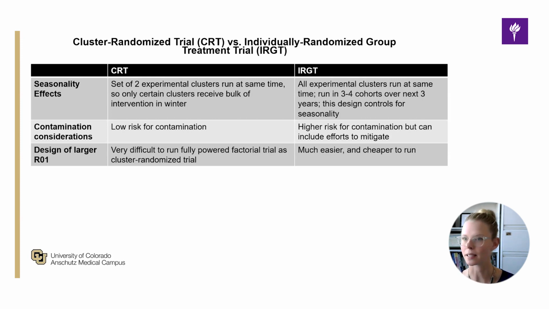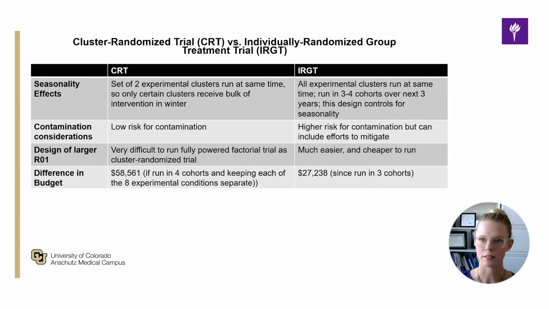It would be extremely expensive because you're having to pay for that coach's time to deliver the intervention 8 different times, if it's a 2 to the 3rd design. Whereas the IRGT would be easier and cheaper to run. And there's a huge difference in the budget when it comes to delivering the program.